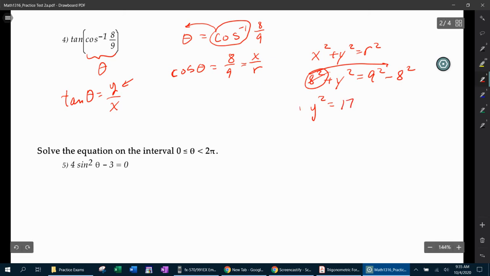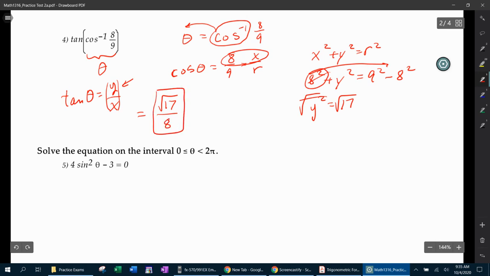And 17 is not going to square root nicely. So y is going to be the square root of 17, which means the answer to this overall problem is going to be y over x, which is square root of 17 over 8.